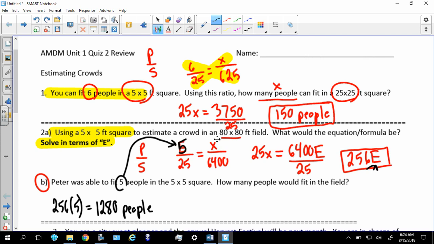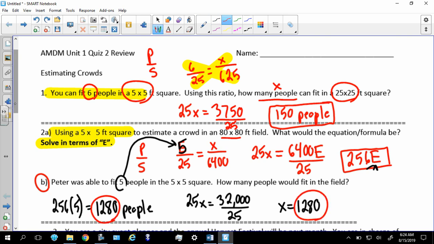So when you cross multiply, you would get 25x is equal to 6,400 times 5, which gives you 32,000. You divide by 25, and you're going to get x is equal to 1,280. All right. Both ways you're going to get the exact same answer. It just all depends on how far you want to go with this.